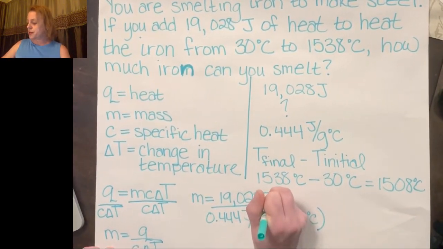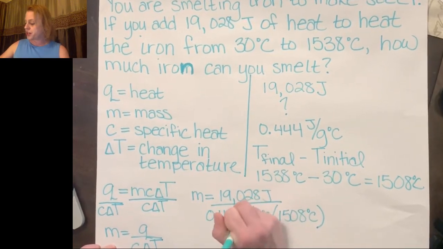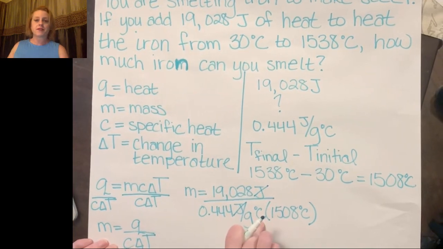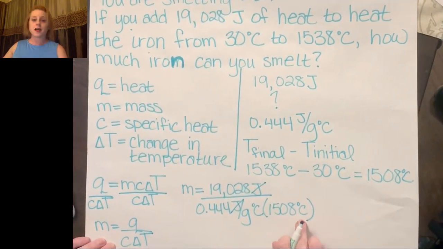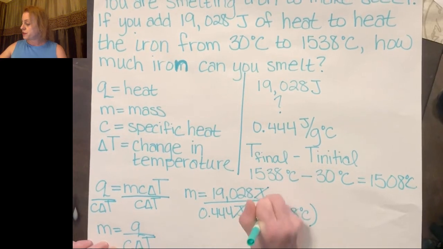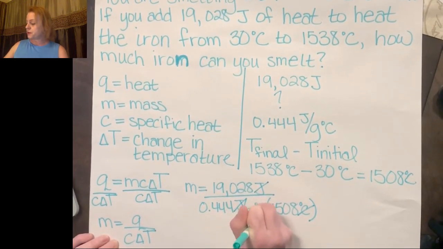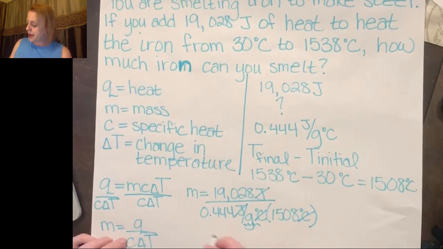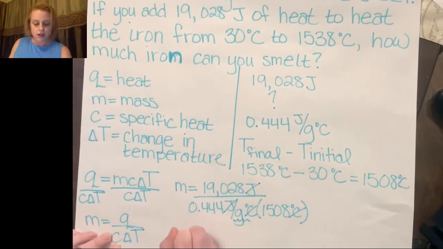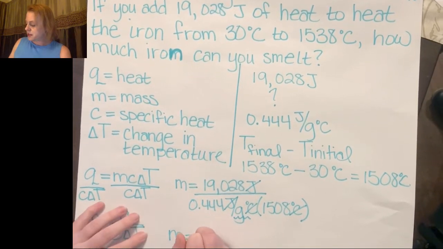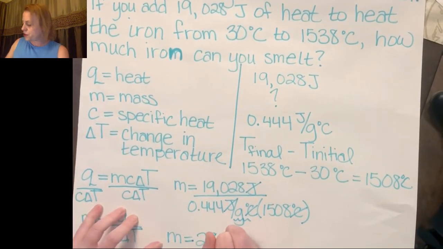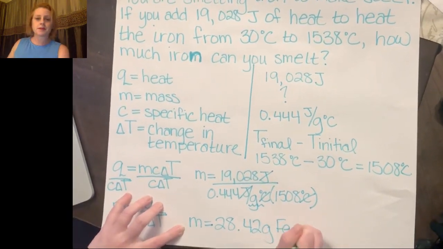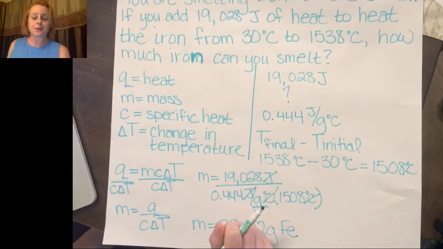I have joules on the top of a fraction here, joules on the bottom of a fraction here. Those cancel out. I have degrees Celsius on the bottom of a fraction here, and degrees Celsius on the top of a fraction here. So those cancel out, and I'm left with grams. So when I do that, I get my mass equals 28.42 grams of iron that I can smelt using that amount of heat.